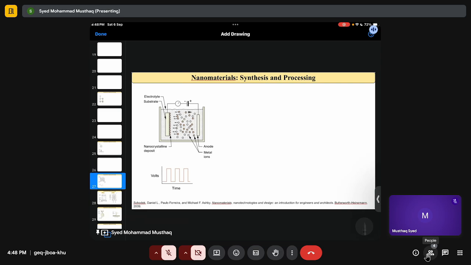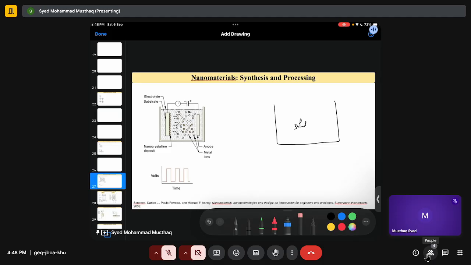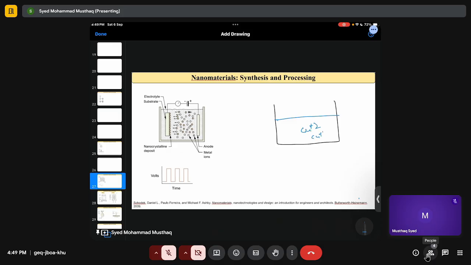And then you have electrodeposition. Right? So electrodeposition is nothing but we have a solution. I have a solution with ions, let's say Cu2+ ions.